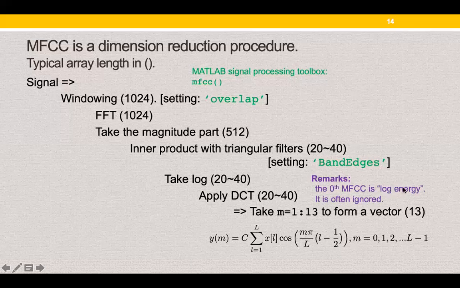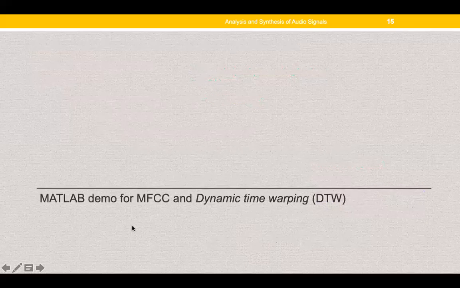If you plug in m equals 0, cosine of 0 is always 1, so effectively we are summing all the log energies over the 20 or 40 bands, and the result is the 0th MFCC. In some implementations, the 0th MFCC is often ignored. With that, I'd like to switch to my Matlab demo of MFCC calculation and dynamic time warping.